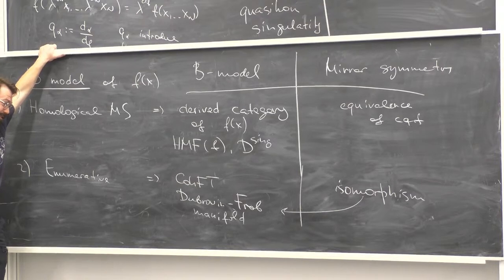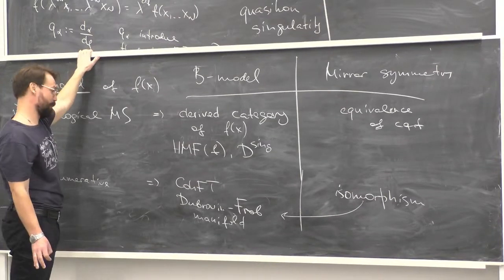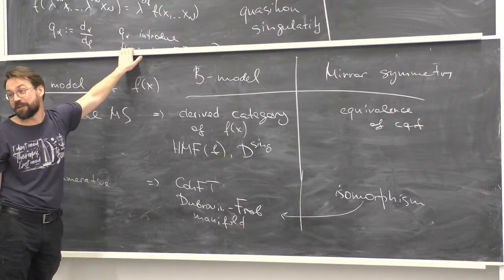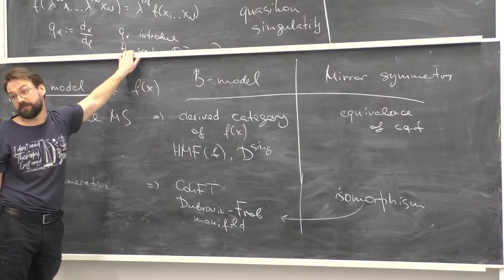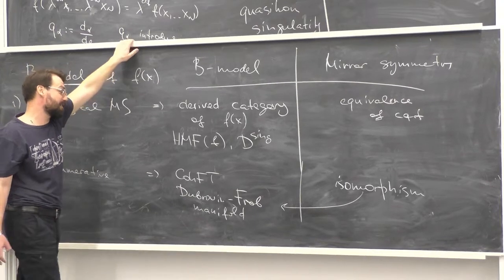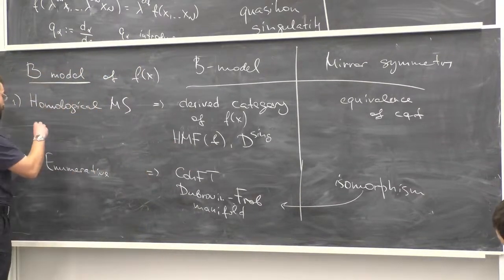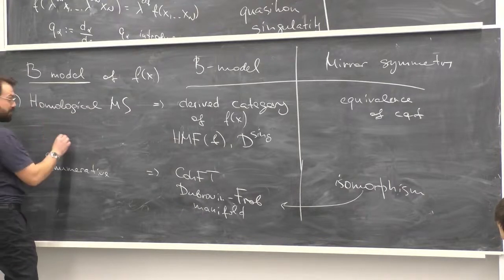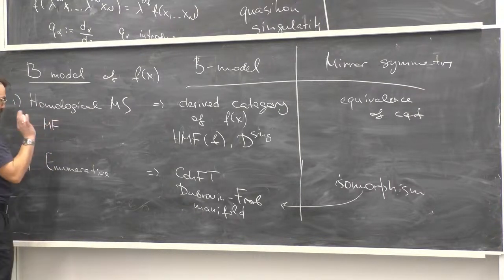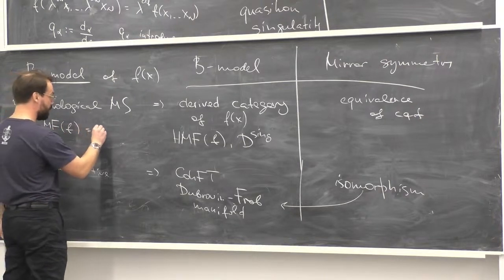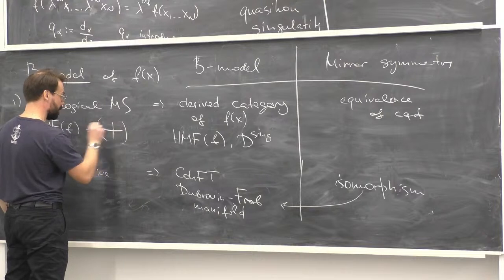Well, I'm not going to do that because I'm not going to speak about that. So the easiest way to say is that at least the category of matrix factorizations of F would be the matrices. So the objects of the category of matrix factorizations of F would be the block diagonal matrices.